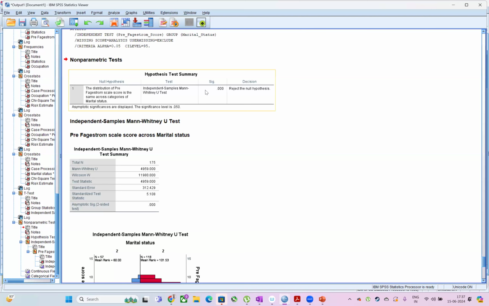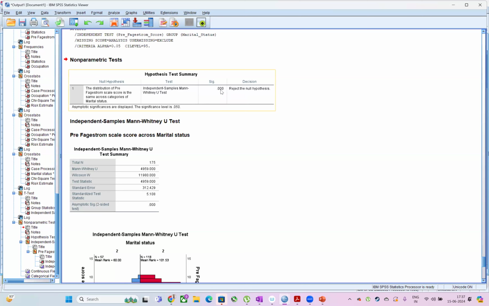Here you see it is saying that the p-value is 0.000, so it is statistically significant. Here you need not mention any kind of mean values. You can just mention the median and interquartile range. Listen carefully.